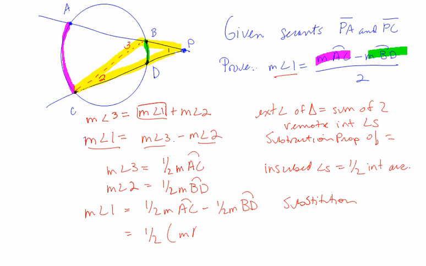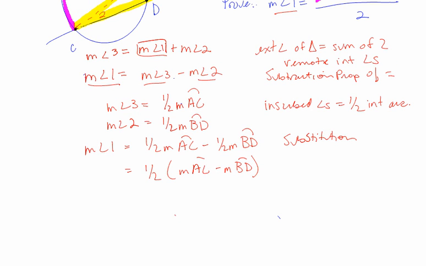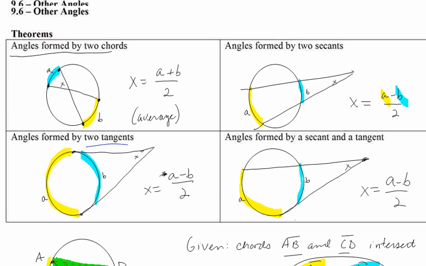Pull out the 1/2. And it begins to look like the formula if you put the 2 on the bottom and the arc measurements on top. It starts to look like A minus B over 2, like you see up here.